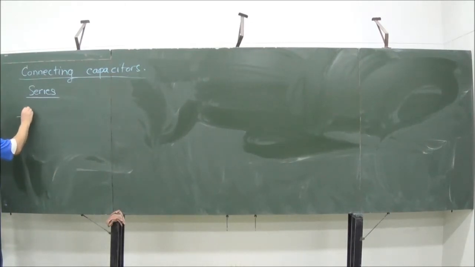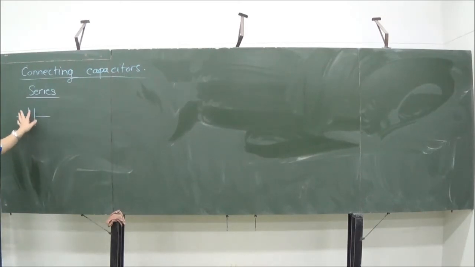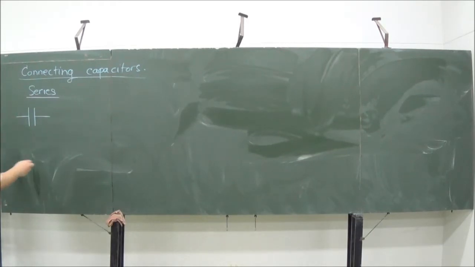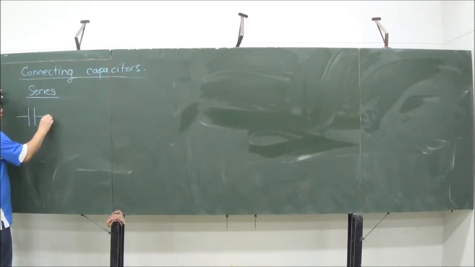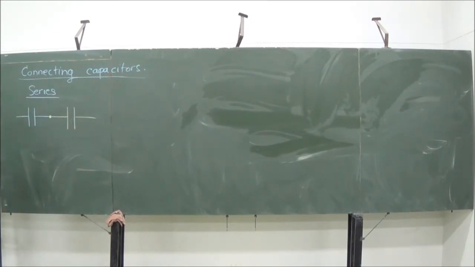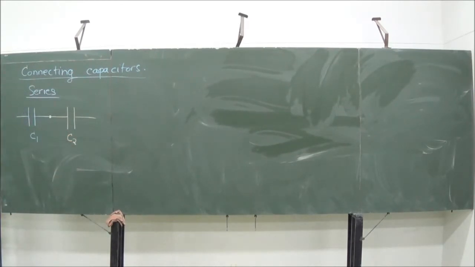So this is a simple form of capacitors. We use two parallel lines, and these two lines have the same length. When we connect these capacitors in series, what I really mean is that I join one end with one end of the next capacitor. So let's say that this has the capacitance C1 and this has the capacitance C2.